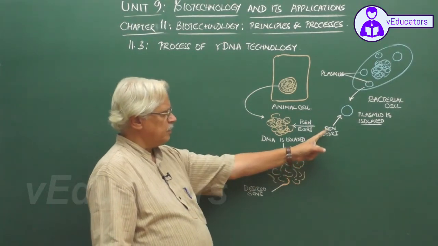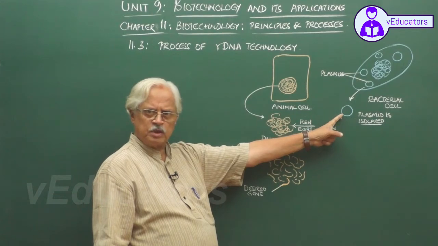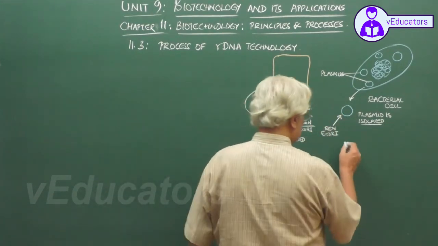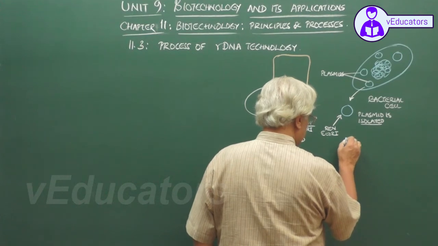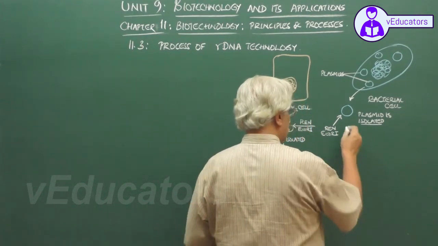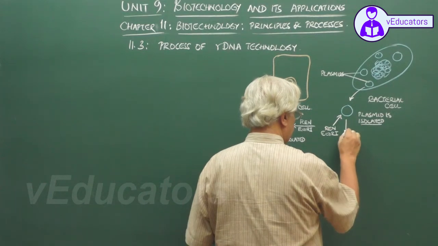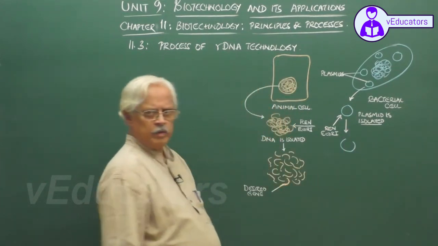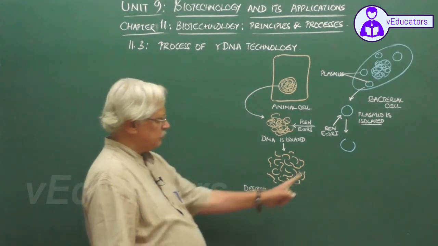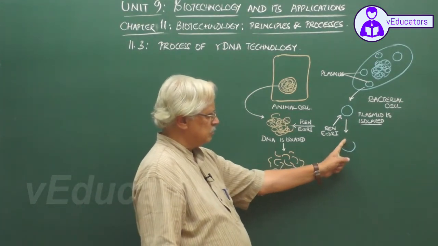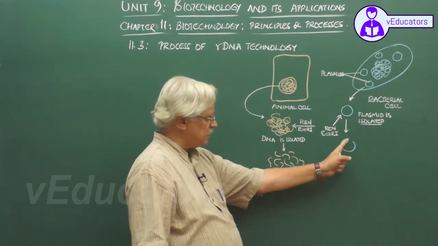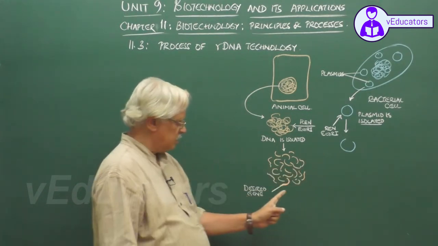So EcoR1 identifies the same palindrome sequence here, and therefore it cuts the plasmid at that palindrome sequence, creating sticky ends. So a space has been created here with sticky ends.